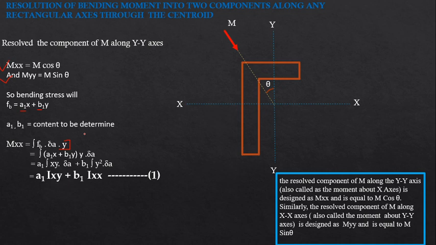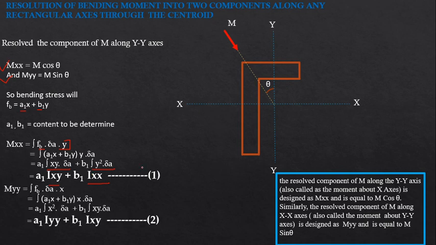So Mxx is the integral of Fb dA times y. Integrating, we get the integral of xy dA giving Ixy, and the integral of y squared dA giving Ixx. So Mxx equals a1 Ixy plus b1 Ixx. Similarly, Myy gives a1 Iyy plus b1 Ixy.